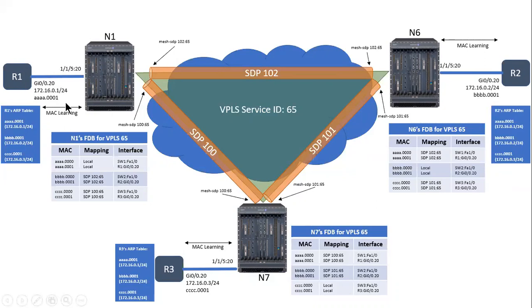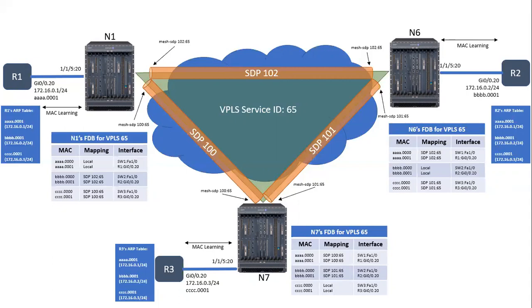Now, the first thing that occurs is router N1, or I should say the directly connected PE router, learns the MAC address of that customer site that's attached to it. And the mapping for that particular customer MAC address is going to be local or designated as local inside of the VPLS's forwarding database, because this provider edge router understands that this MAC address is directly connected.